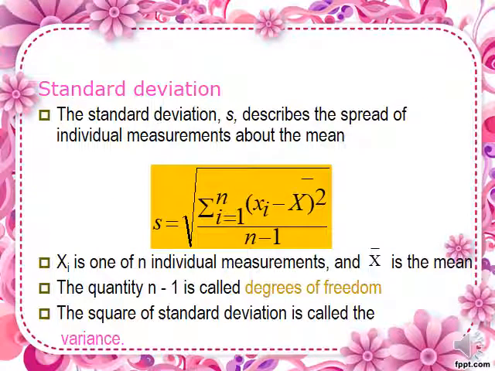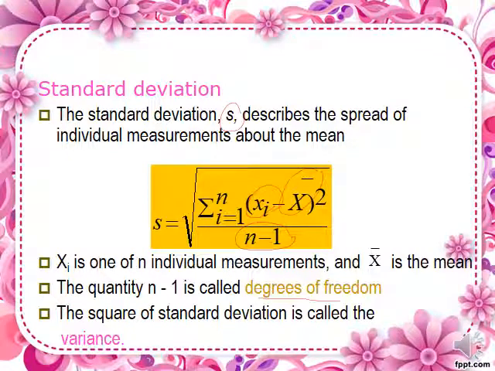The next statistical tool is standard deviation, small letter s. It describes the spread of individual measurements about the mean. And this is the formula, where xi is the individual measurement, x bar is the mean, and n minus 1 in the denominator is called the degree of freedom.